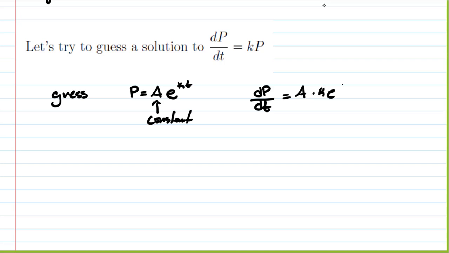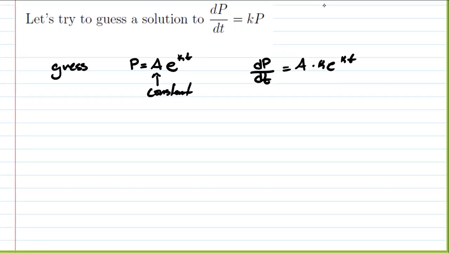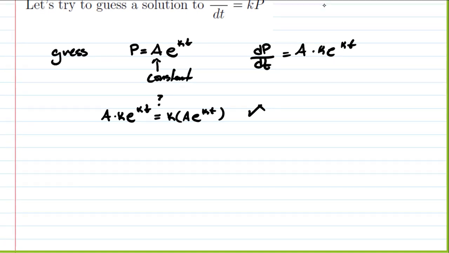Well, it's k e to the kt. So let's check if this is a solution. So that gives us A times k e to the kt. That's dP dt. We want to know, does that equal k times P, which is A e to the kt? And yes, it does, right? So it turns out that P equals A e to the kt is a solution to the equation.